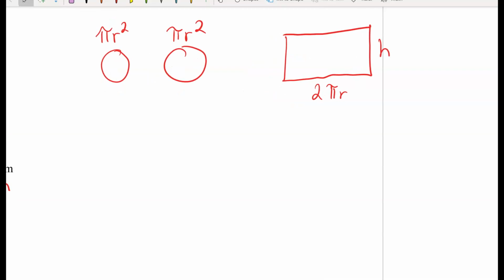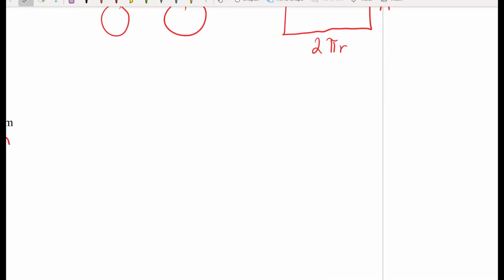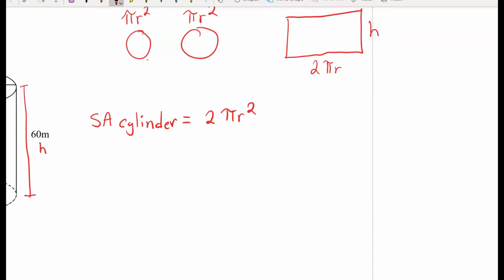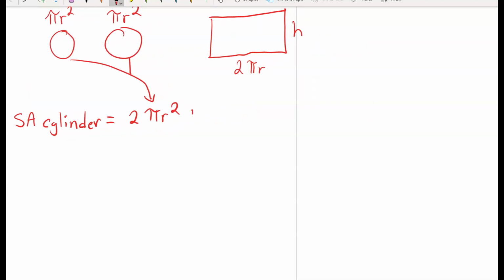Now, if we put all this together, the formula for the surface area of a cylinder equals 2 pi r squared, coming from the top and bottom circles, plus 2 pi r h, because we have our width multiplied by our height.